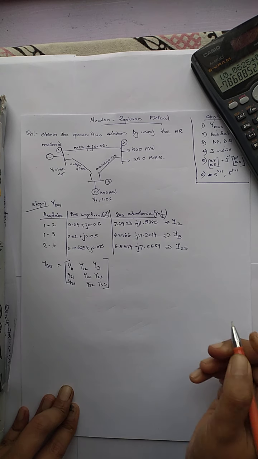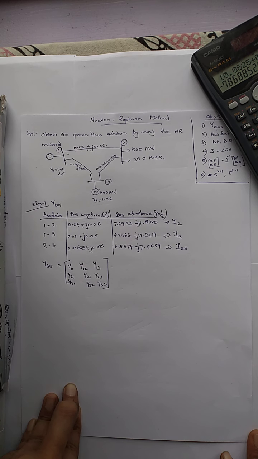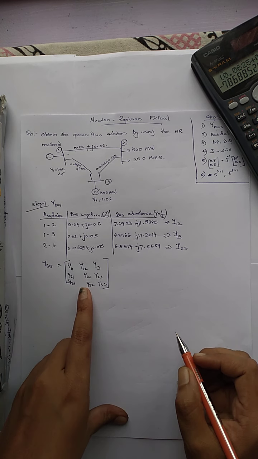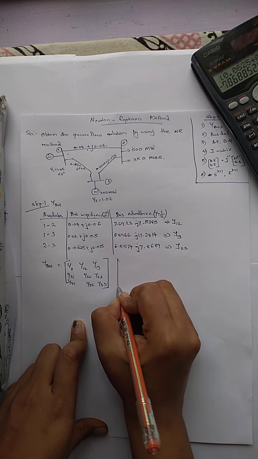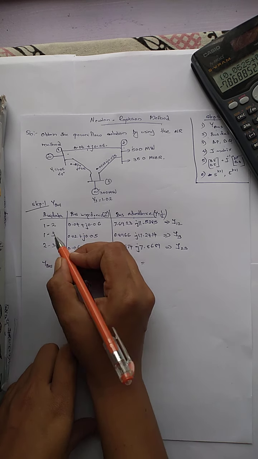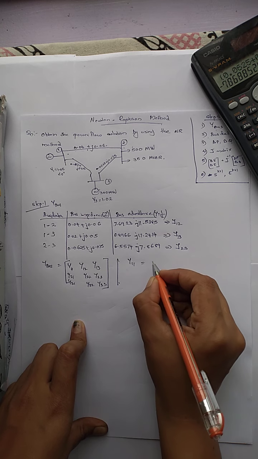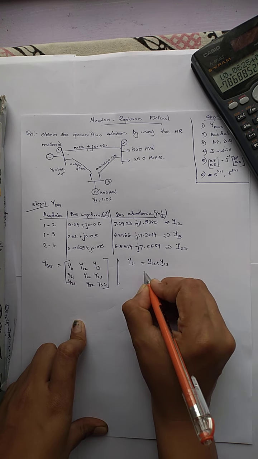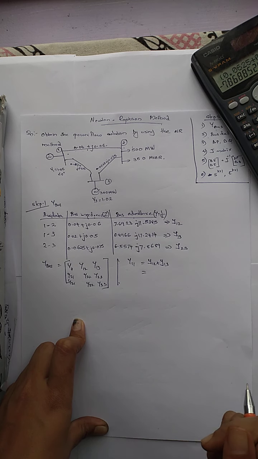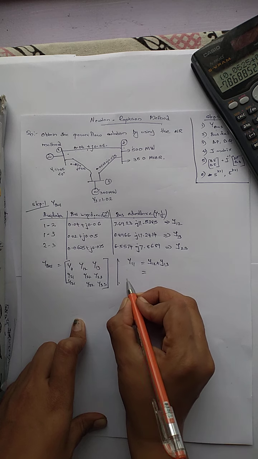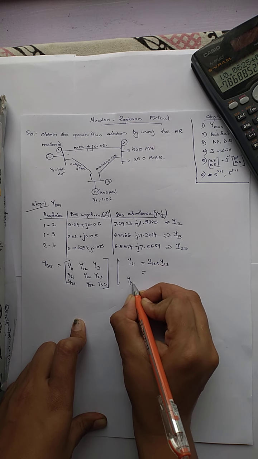Next I have to find out my y11. What is y11? It is the self admittance of the elements connected to the first bus, so it is y12 plus y13, and I have to find the values for y12 and y13. Then what is y12?